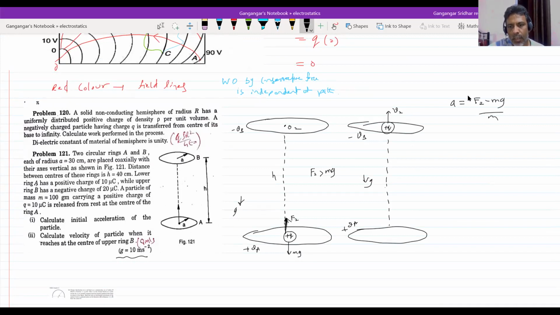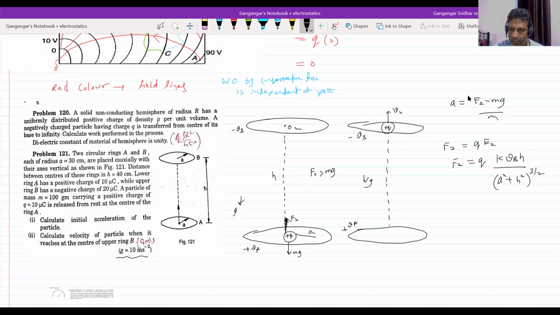What is F2? How to get the F2? F2 should be equal to QV into E2. What is E2? K QB H by root of radius of the ring. Radius of the ring is given A. The electric field due to ring formula is what I'll be using. Fine, so this is the value of F2.